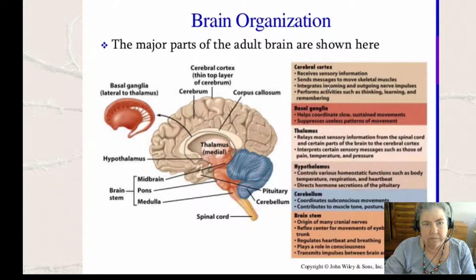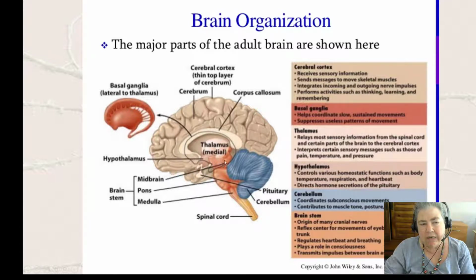This is a picture of structures called the basal ganglia that are lateral to the thalamus. So the basal ganglia are part of the telencephalon, and the thalamus and associated structures are part of the diencephalon.